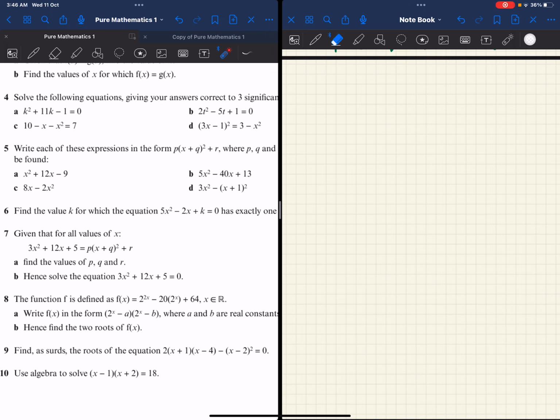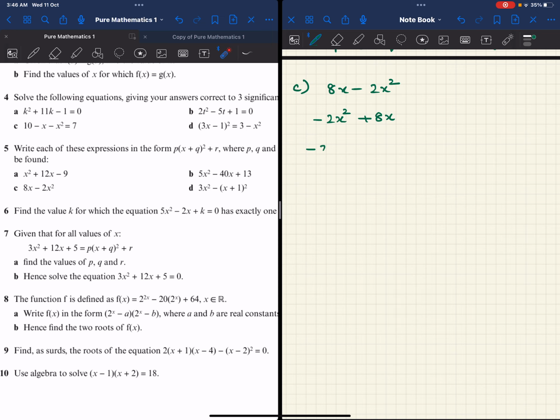Moving on to question C, we have 8x − 2x². So we can rewrite it as −2x² + 8x. Once again, since the coefficient of x² is other than 1, we can pull it out as a common factor from the first and the second term.